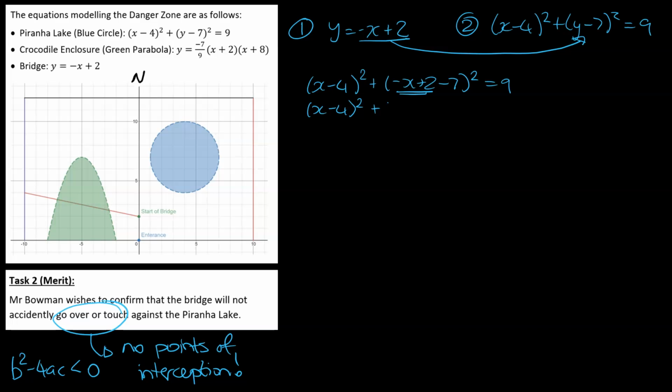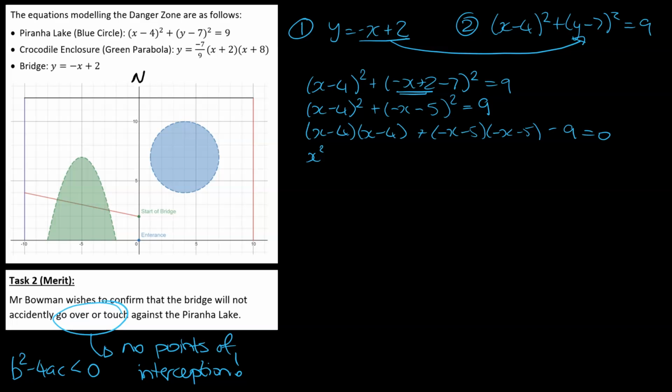That's going to become (negative x minus 5) all squared, and that's going to equal 9. Let's split them into double brackets: (x minus 4)(x minus 4) plus (negative x minus 5)(negative x minus 5), minus 9 is equal to 0. What I did at the last step, I just took that 9 over the other side because I know my end goal is getting one side to 0.